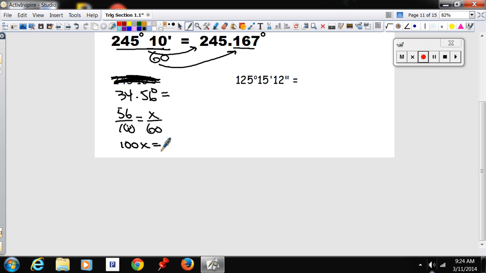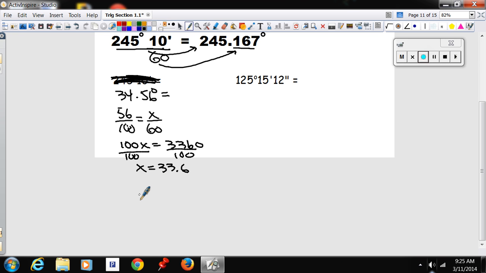Oh wait, hold on, it's not. So 56 times 60 is 3,360, and we're going to divide by 100. So you're going to get x equals 33.6.